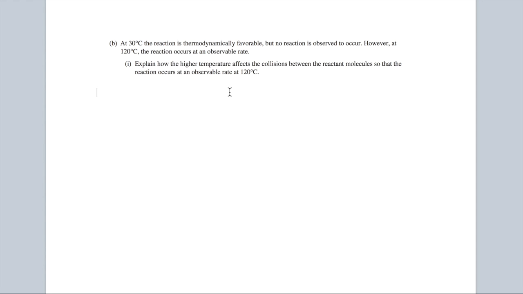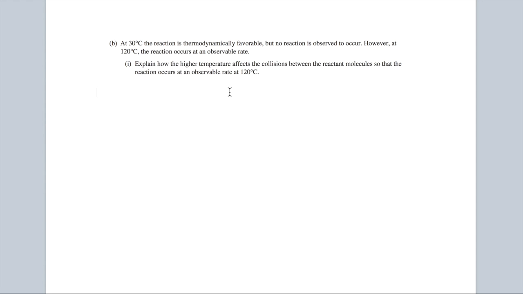So this question is an explanation question. We want to give an explanation that refers to how temperature basically gives the molecules more energy and causes collisions to occur more frequently.